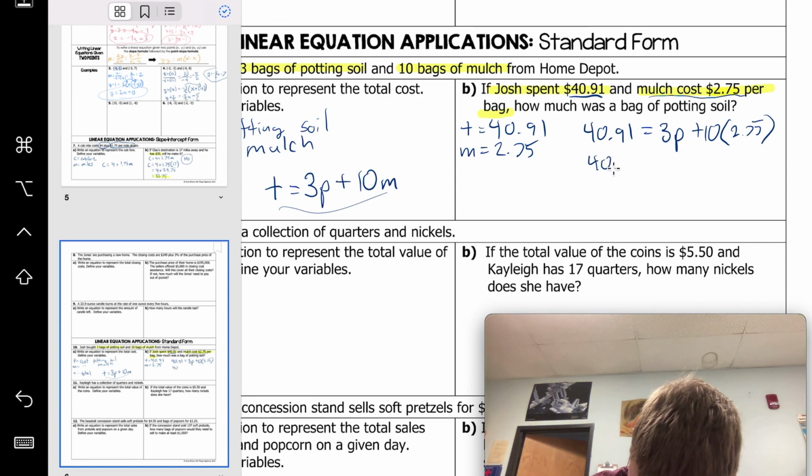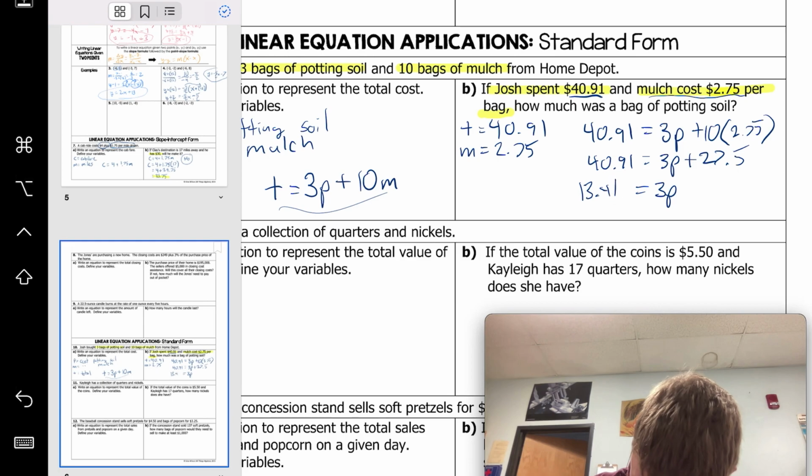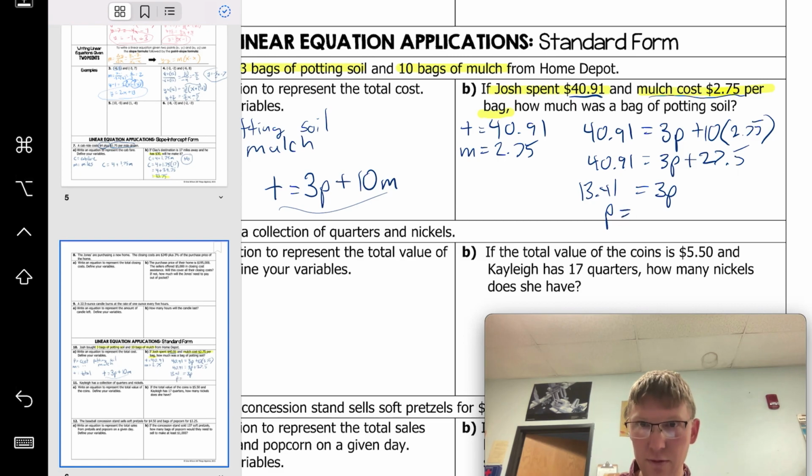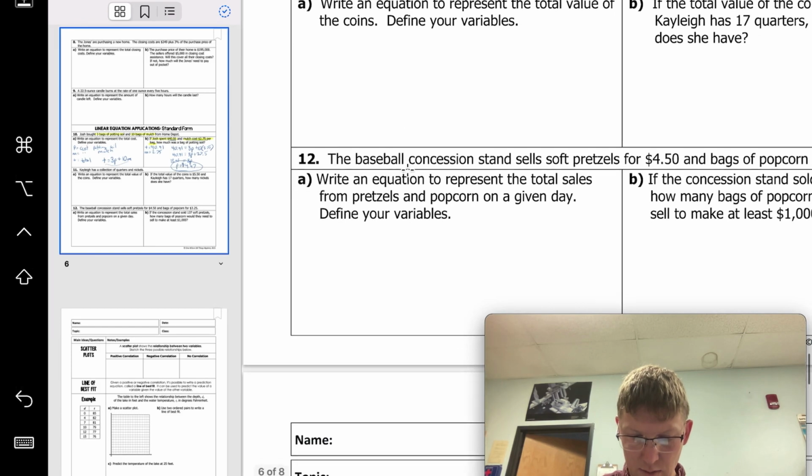So we've got 40.91 equals 3P plus 27.5. So then 27.5 goes to the other side. So then we've got 3P, and again, you can just use your calculator for this, equals 13.41. Again, divide both sides by 3. You'll have P equals 4.47. And that's our answer. So you try 11 and 12 yourself, and we can go over those in class.